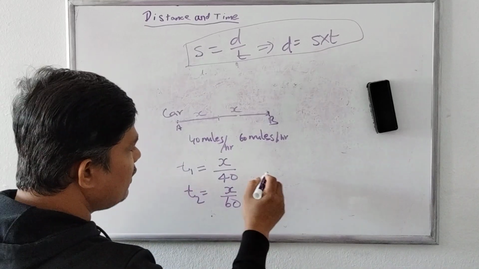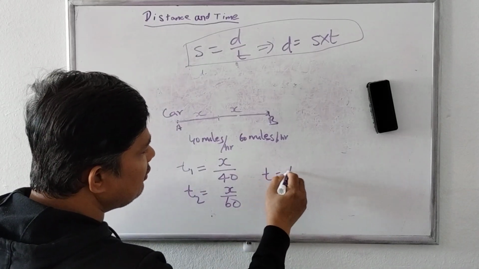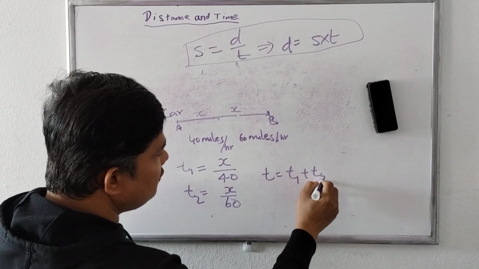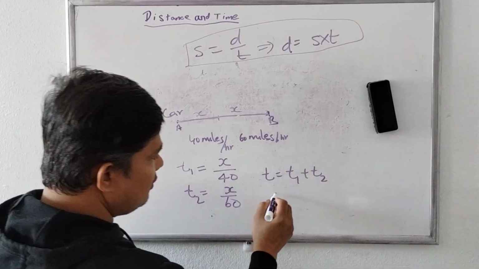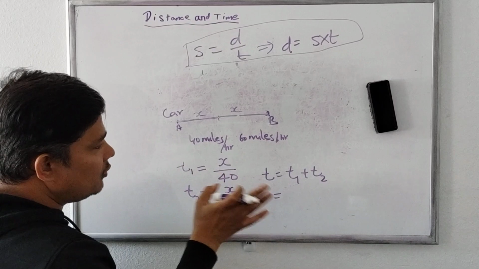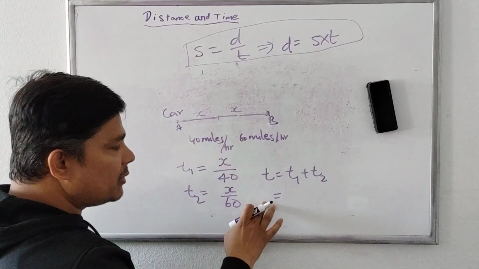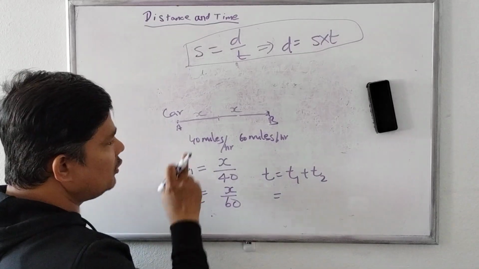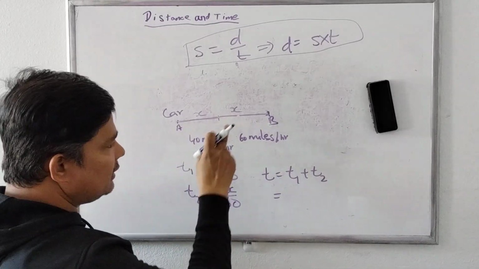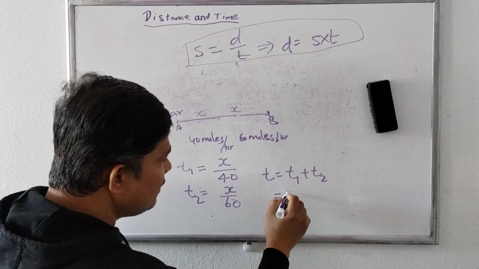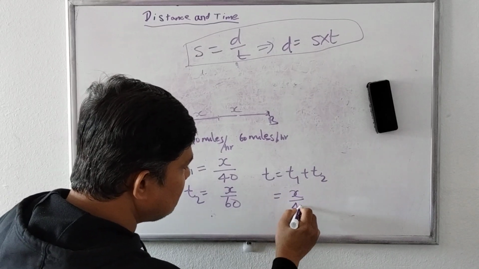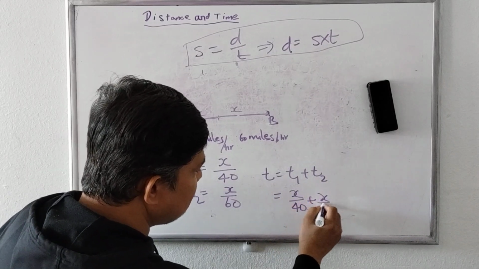Now what will be the total time? Total time will be t1 plus t2, correct? We have to compute the average speed, but first we have to find the time for each of these distances, x and x. So total time will be x by 40 plus x by 60.